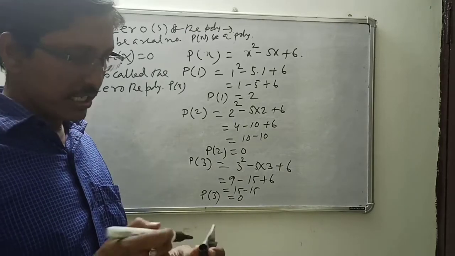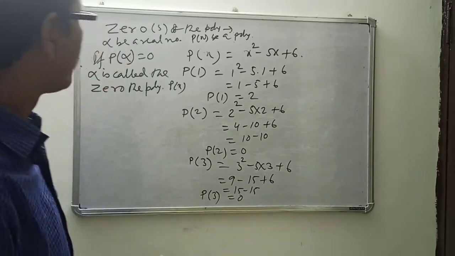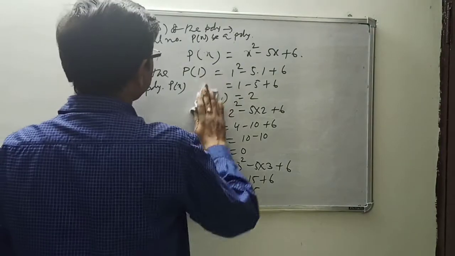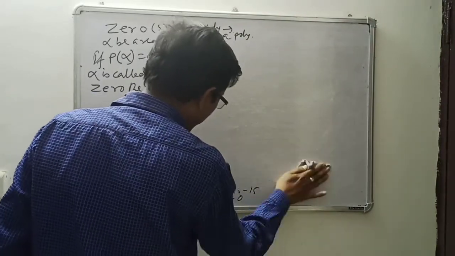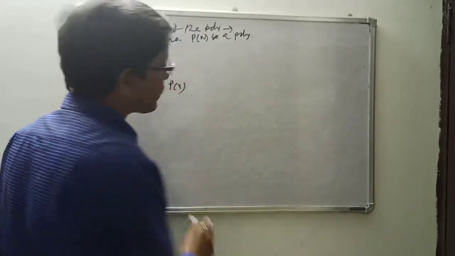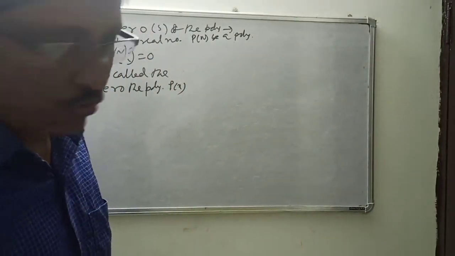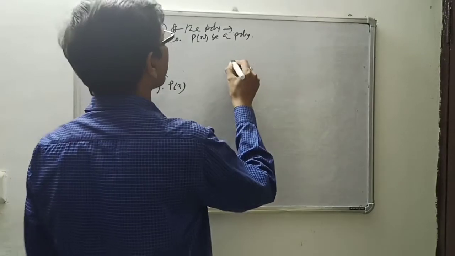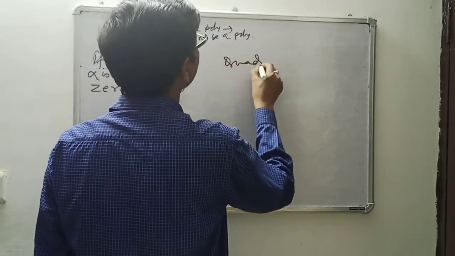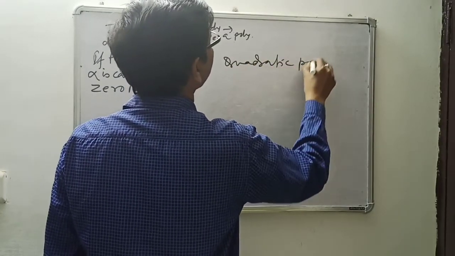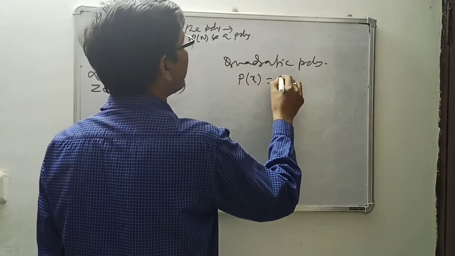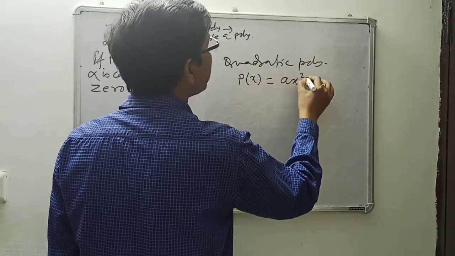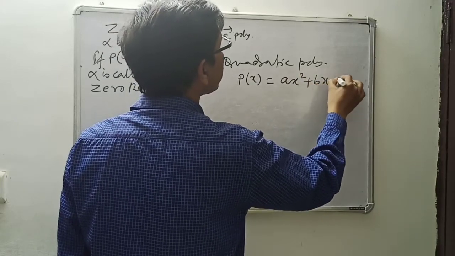Now one thing we would like to discuss here: the quadratic polynomial, its standard form, and the relation between the zeros and the coefficients of the polynomial. The standard form of a quadratic polynomial, that is a degree 2 polynomial: suppose you have p(x), the standard form is ax square plus bx plus c.